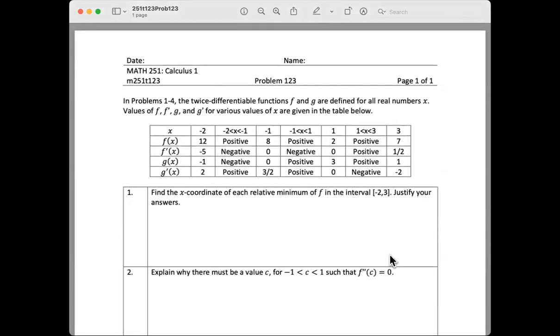Oh, f of g of -2. As I said it, I was sitting there thinking, wait, we don't know -2. What the heck? So from the table, if we look at g of 3, g of 3 is equal to 1. That's from the table.